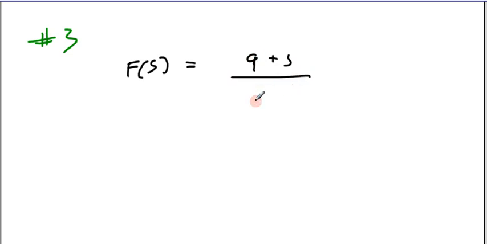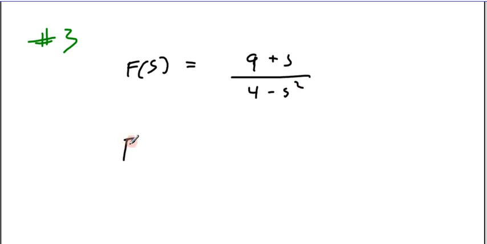Number 30. Okay, I have F of s is equal to 9 plus s over 4 minus s squared. And I want to do an inverse Laplace transform to find out what f of t is.